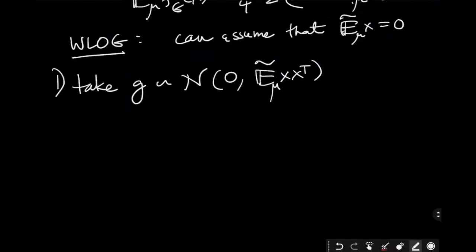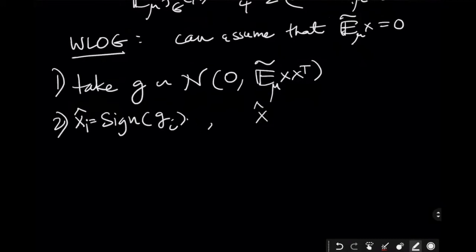In order to make this into a distribution over the hypercube, I'm simply going to take the sign of this. So set xi hat equal to the sign of gi. gi itself could take real values; I simply replace it by its sign. This way, it's going to be a value in plus or minus 1. So definitely this x hat vector lives in plus minus 1 to the n.